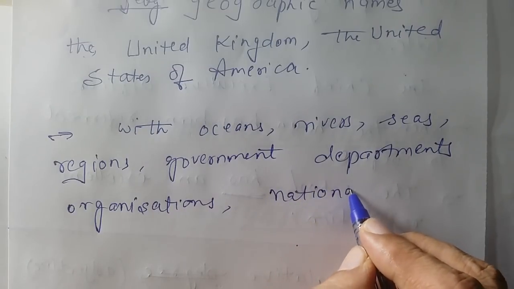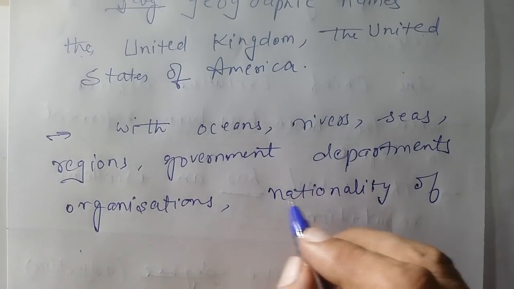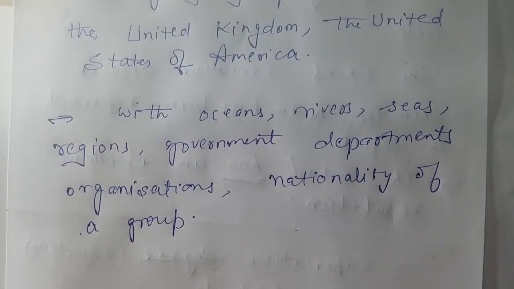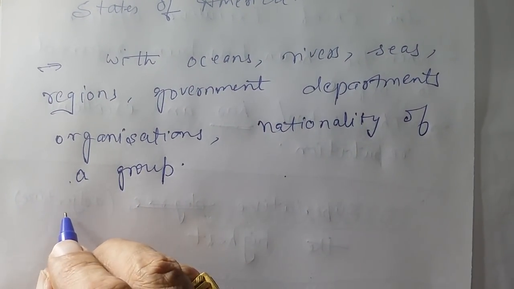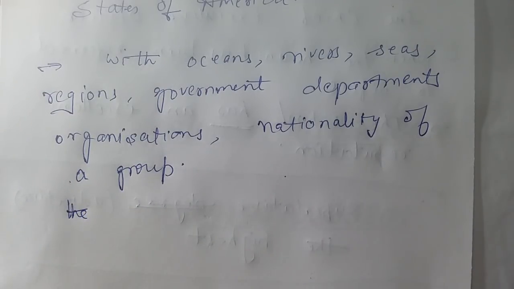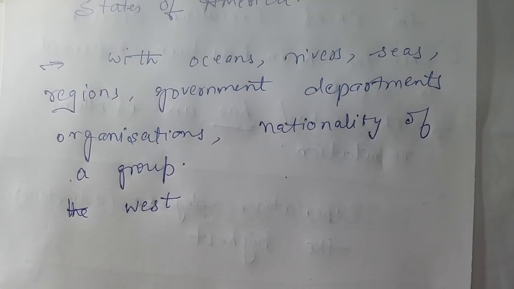Nationality of a group. How? First of all, oceans, rivers, you know, right? I'll give you the example of directions also, sometimes when they are representing regions only. The west, right? I am using nationality of a group also, right?